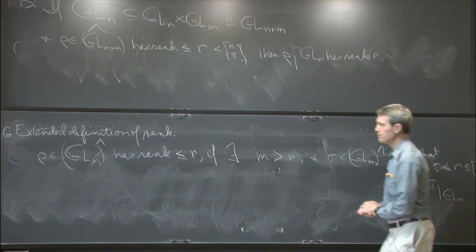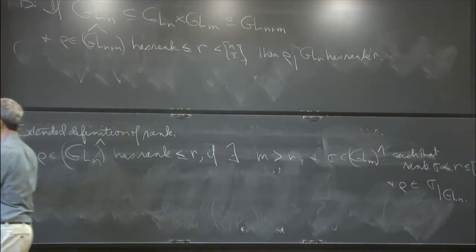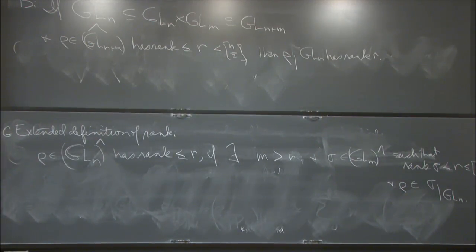Okay, so we have some kind of a filtration on representations, and it extends in an obvious way to a filtration on the Grothendieck group of virtual representations, and it has a nice property with respect to multiplication, the tensor product.